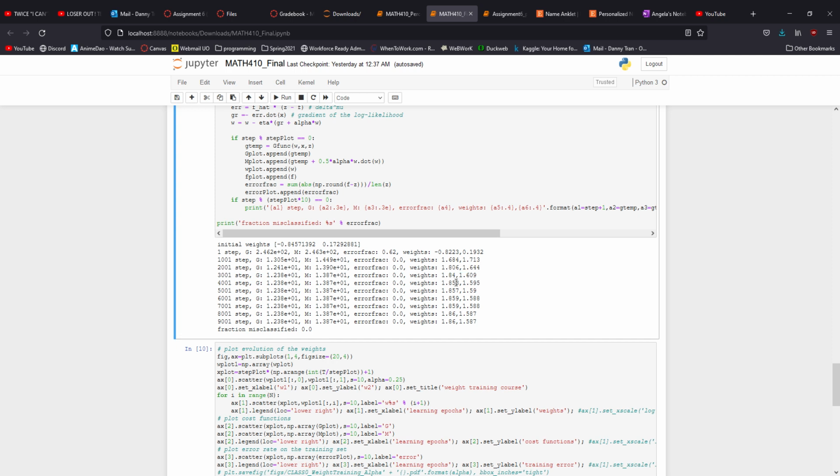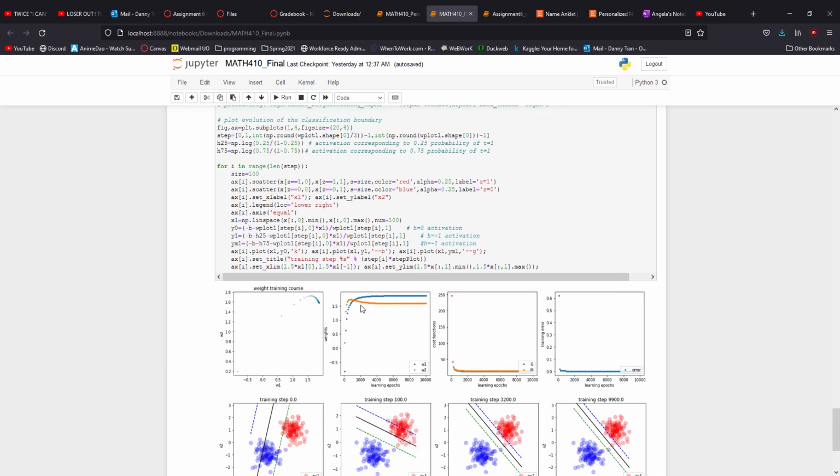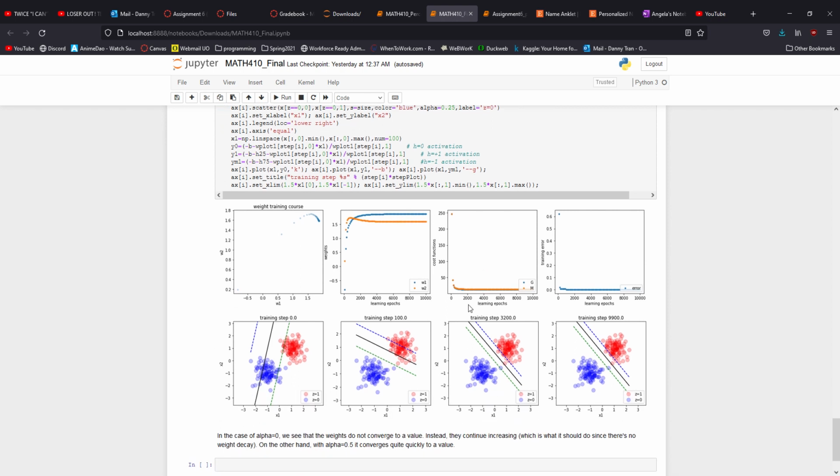So 1.84, 1.86, yeah. So they start converging, and once we plot them, you'll actually see that, yes, they do start to converge into a straight horizontal line. And I would assume, based on this graph, that as the learning epochs increase, they would stay at this value.